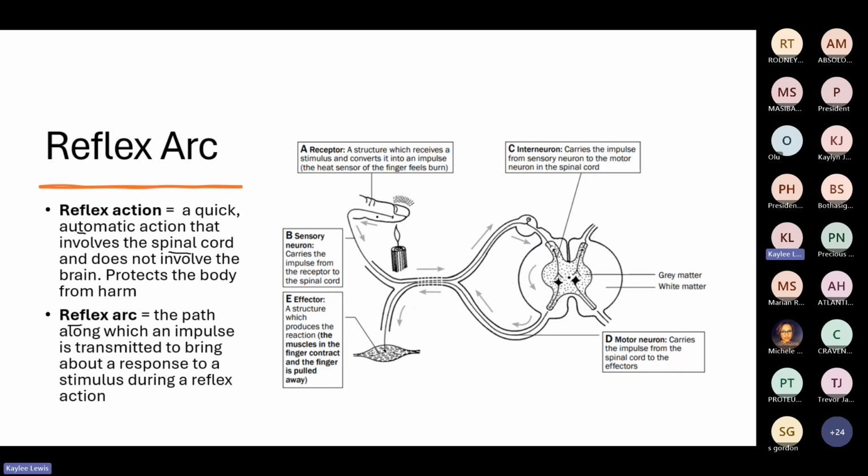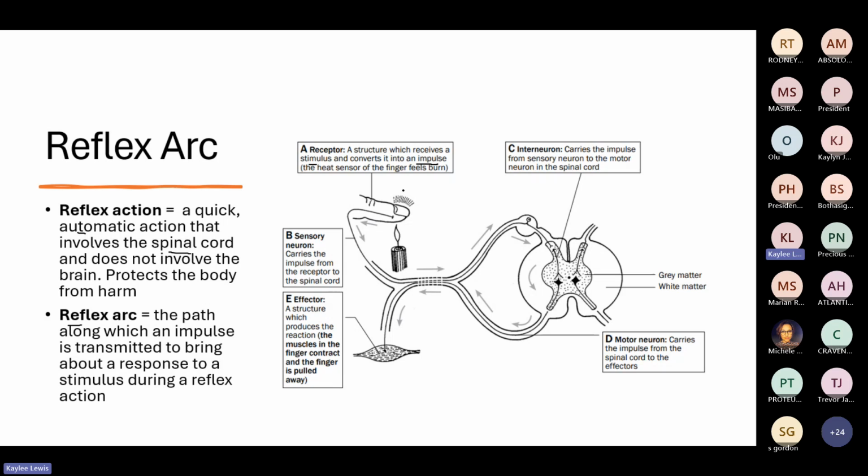So we start off with a stimulus. And remember, stimulus is a change in the environment. In this case, you've got heat from this flame. Your receptors, which are going to be in the finger over here, are going to detect that stimulus and convert it into an impulse. So your receptors detect the stimulus and generate an impulse.